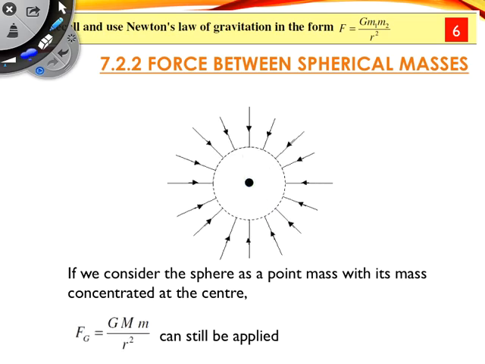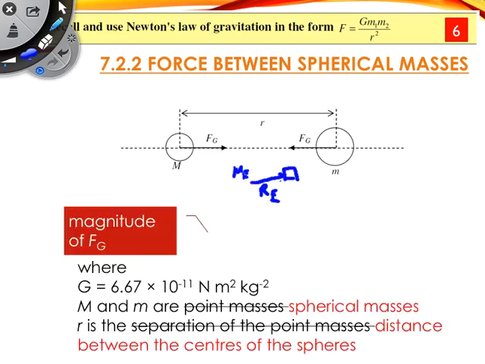I can still apply my equation directly. If I'm on the surface of Earth, I'm an object here, affected by the mass of Earth, but my distance is RE, the radius of Earth, still attracted towards the center.